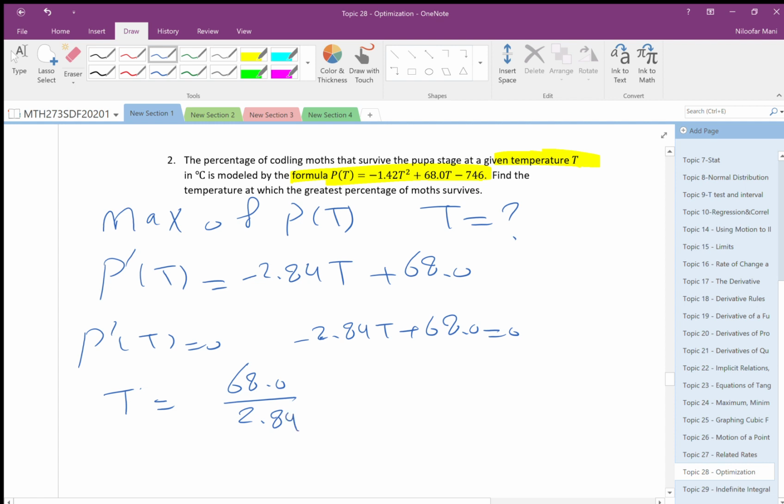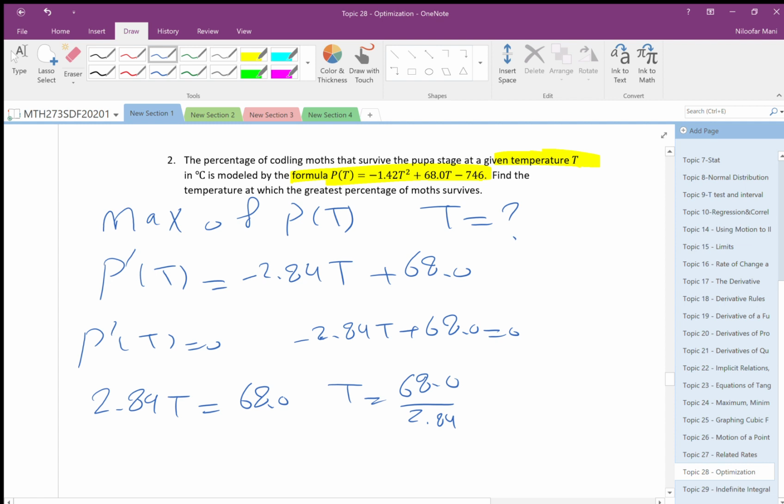So what's the answer? Okay, let me make sure I'm doing it right. So it is 2.84 T equals 68, and T is 68 divided by 2.84. Yes.